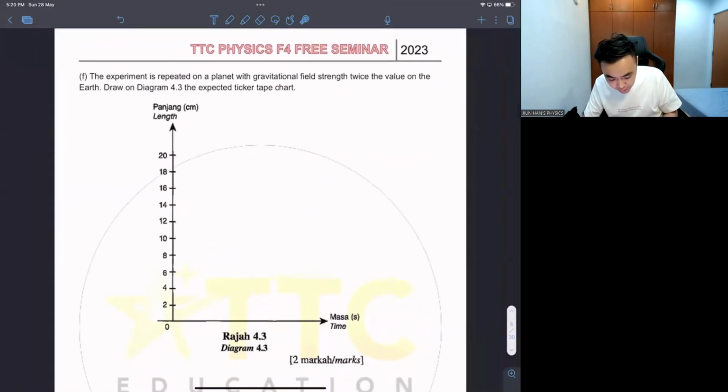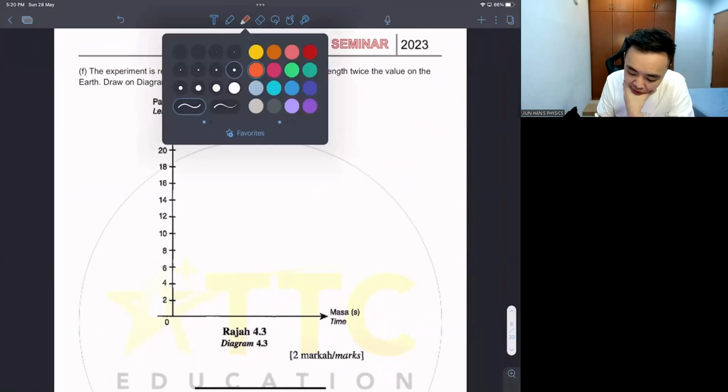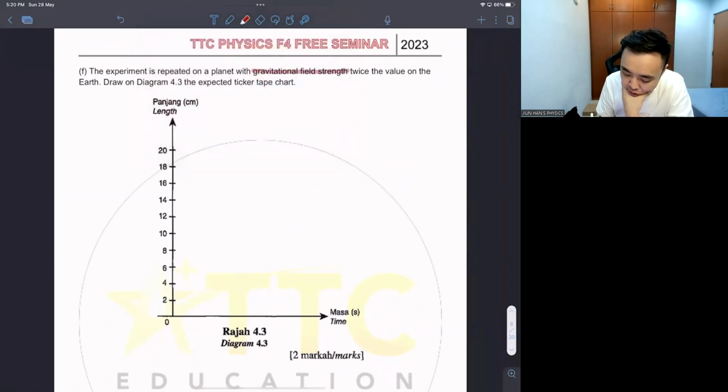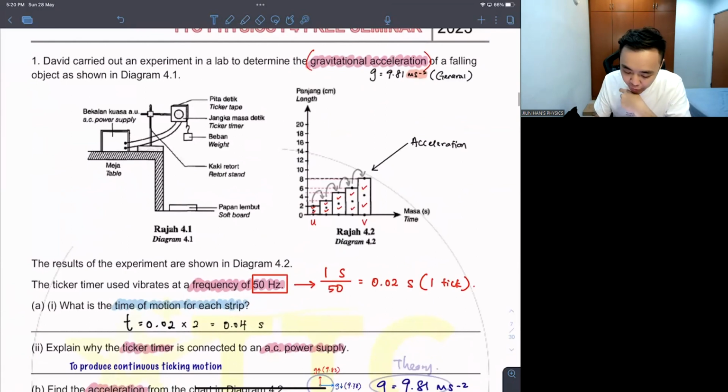Next, we have this last question. The experiment is repeated on a planet with gravitational field strength twice the value on Earth. Draw the diagram. What is the expected ticker tape chart? Now, if you go to a place with double gravity, what happens? Your experiment is you let the object fall and then it pulls the tape.